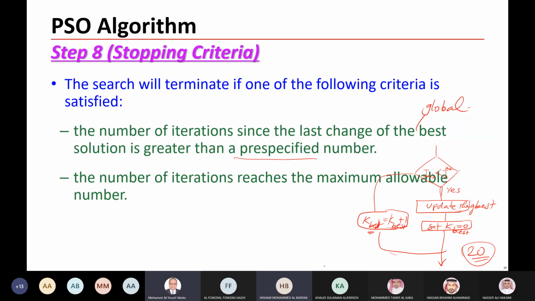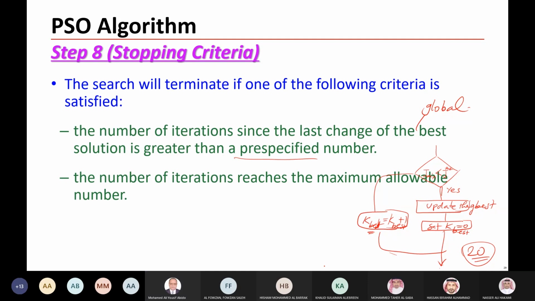So that means it is not directed toward the global best. And in mutation, you carry out mutation without considering any good or bad solutions. You do mutation blindly. But here, when you update the velocity, you are updating it considering the global best and also the local best. So it is different from the genetic algorithm.